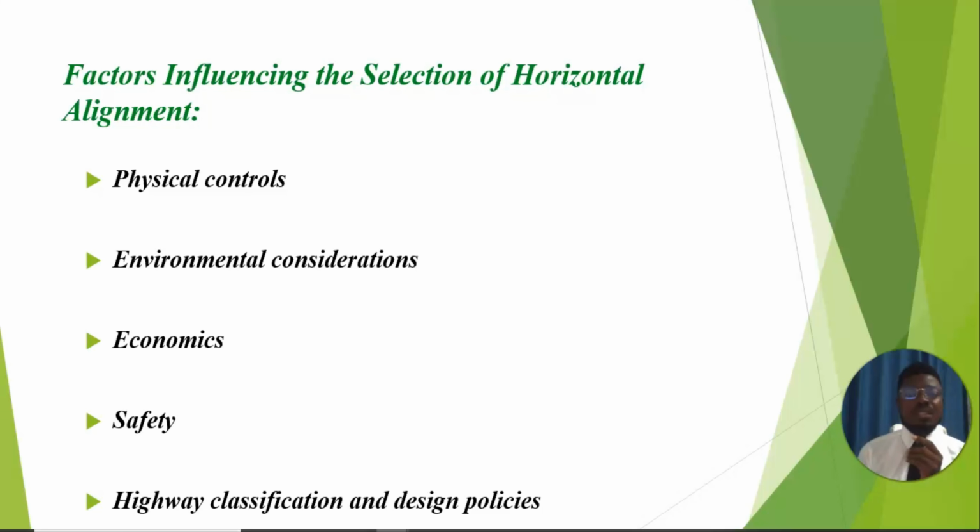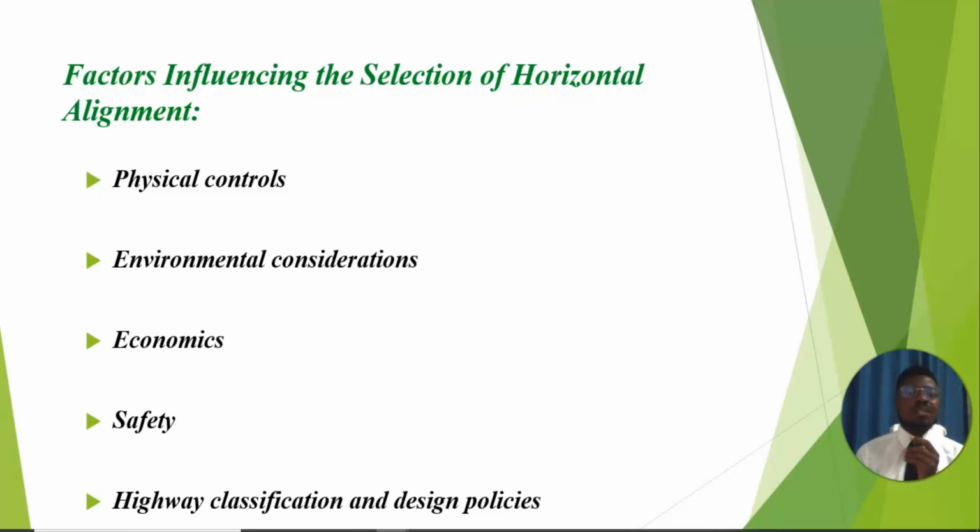Then the last part is the highway classification and design policies. You have to understand the functional classification, the level of service, the design speed, and also the design standard.